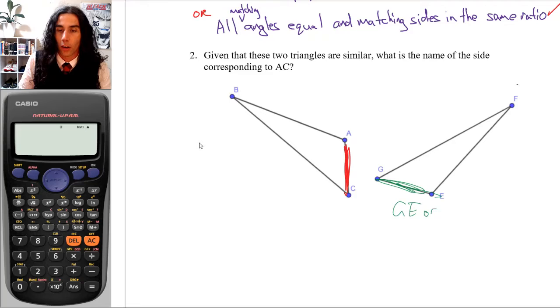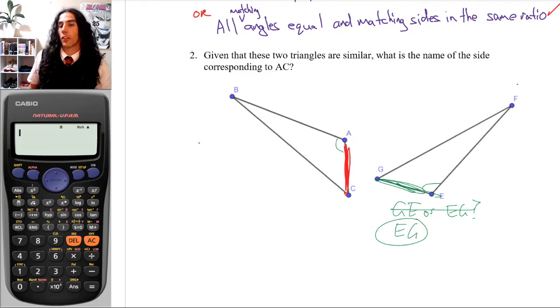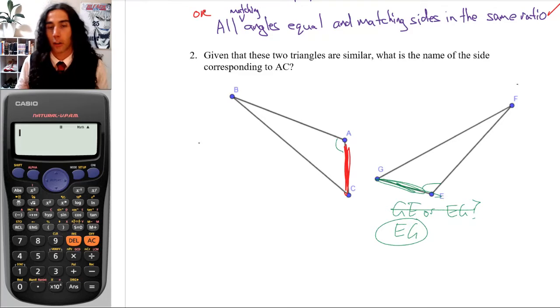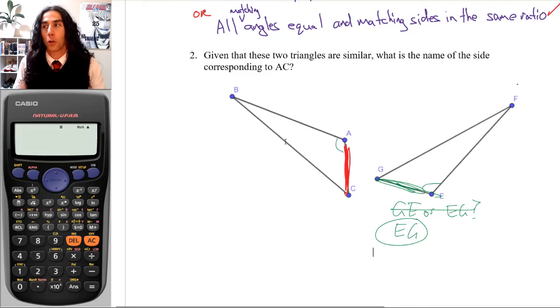It's only one of those two. It has to be in the right order. A was this big obtuse angle there. Did you get that? So it's not GE. It's EG is your answer there. Got to be EG. So give yourself a tick if you got EG and a cross if you got anything else. Scrolling down.